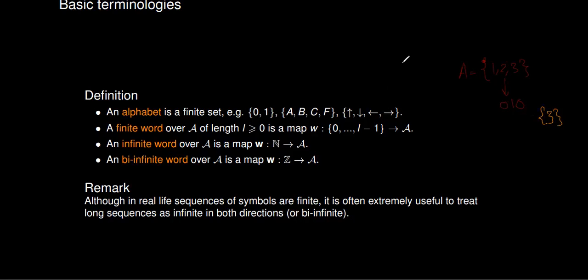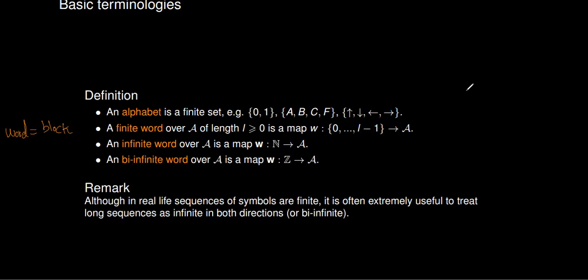So what about a finite word or block? We also use block, or roughly speaking, also without using infinite and finite. In this book we also use word, especially in combinatorics on words. A finite word over alphabet A of length L, a non-negative number L, is a map from 0 to L minus 1 to our alphabet.